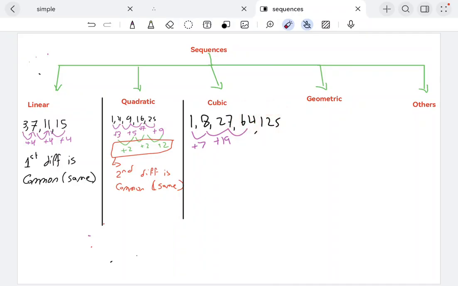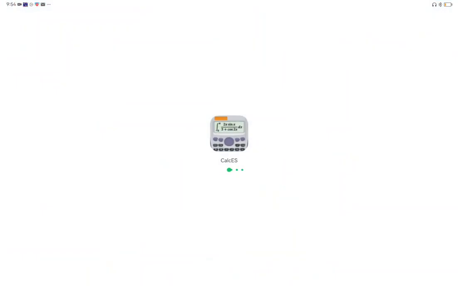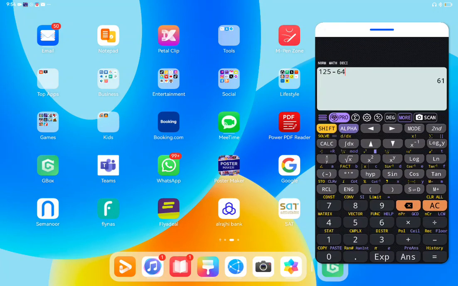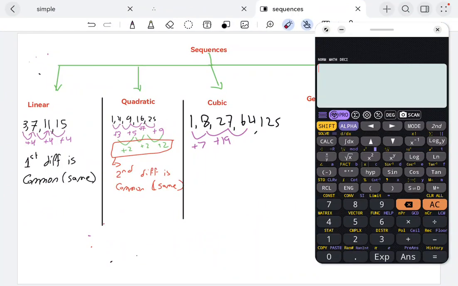And if it's paper 4, not paper 2, you can use the calculator as well. I show you. Now, if I want to check from 27 to 64, which is 37, I can do this. 64 minus 27. But as you know now, it's really crucial to know how to add, subtract, multiply, divide.